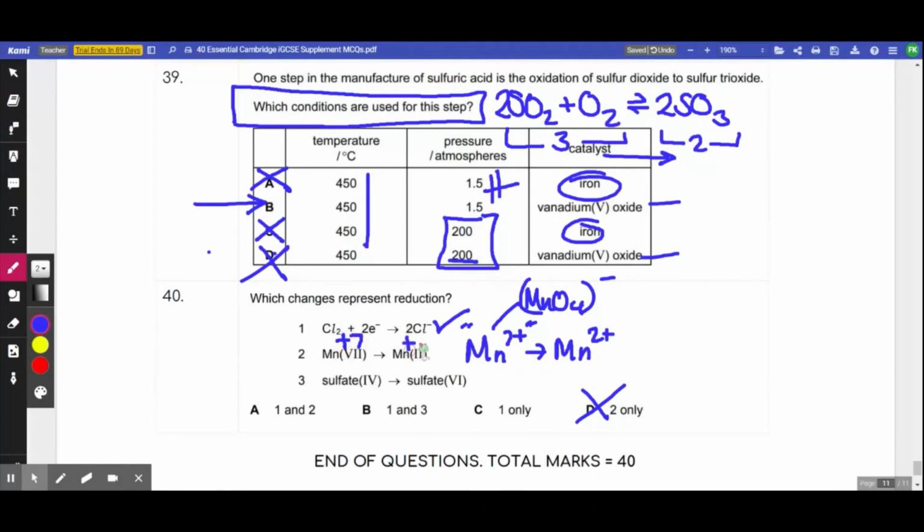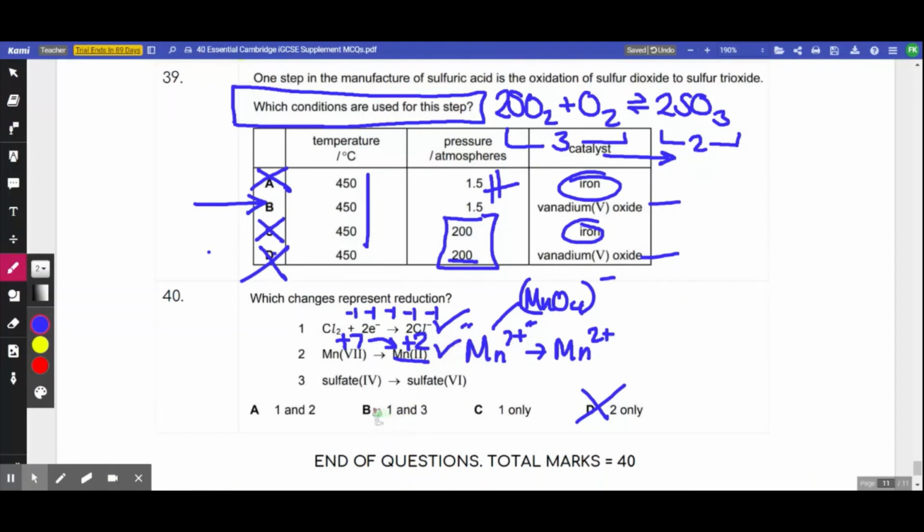That would be a +2 state. You have to add 5 negative electrons, so it's like adding 5 of these, and you get to Mn2+. So that was definitely a choice as well.